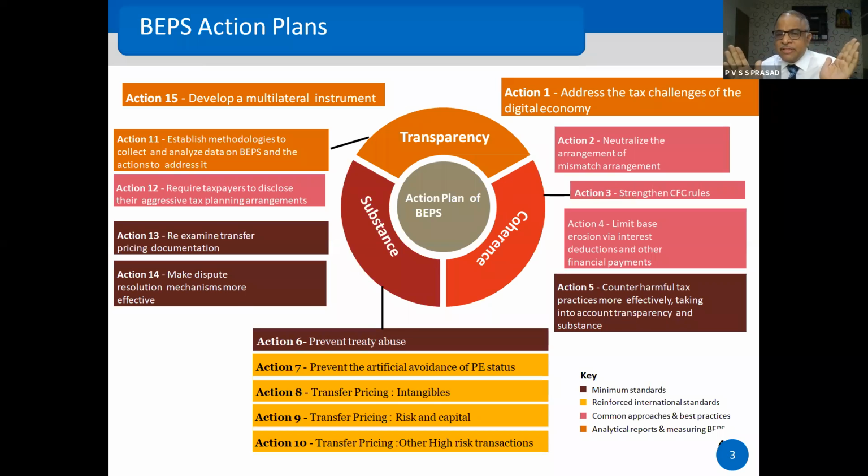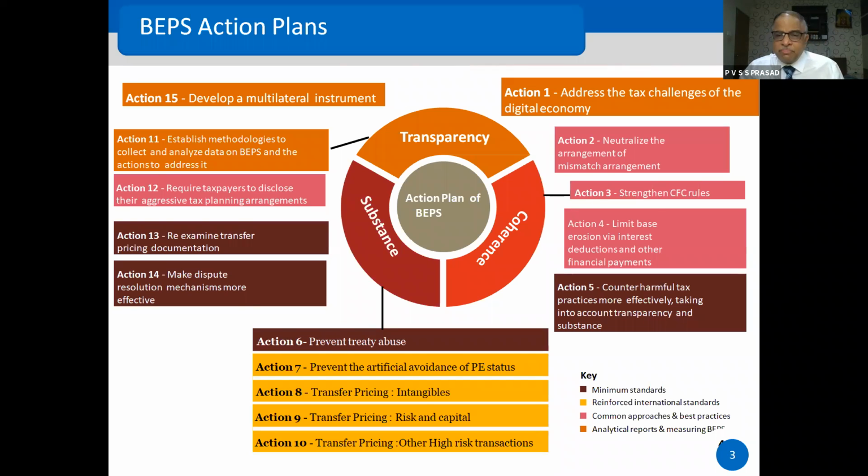Minimum standards, as I told you, are mandatory standards which need to be implemented by every member country in the inclusive framework. Whereas the other actions, like Action 7 to Action 10, are all optional standards which are left to the wisdom of treaty partners.